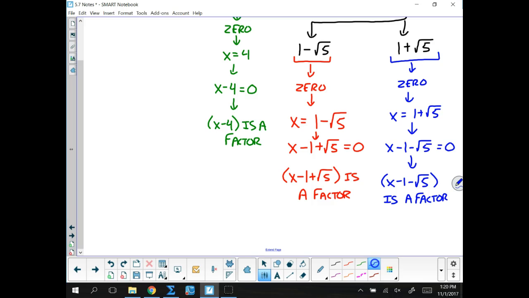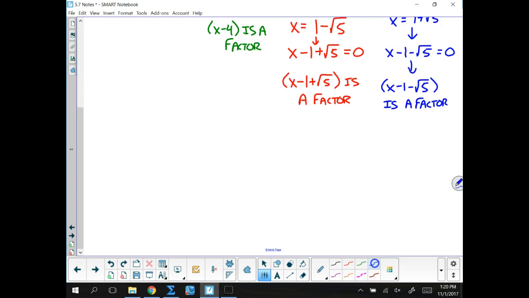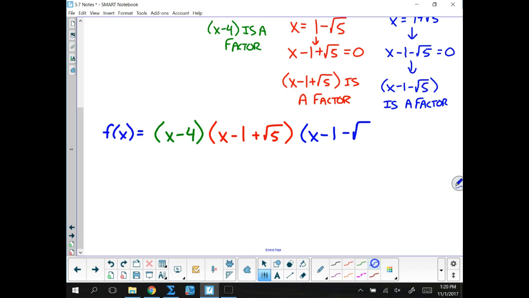What did we do next then? We multiplied all 3 factors, right? So, f of x here is going to equal x minus 4 times x minus 1 plus the square root of 5 times x minus 1 minus the square root of 5.